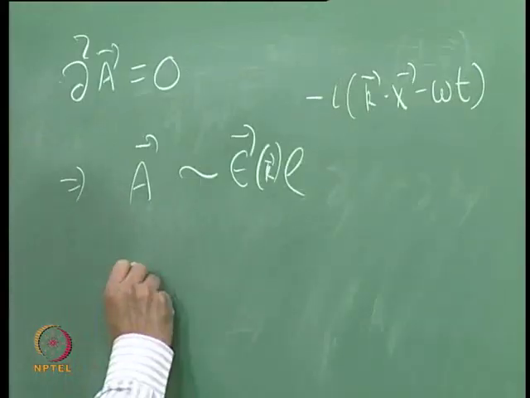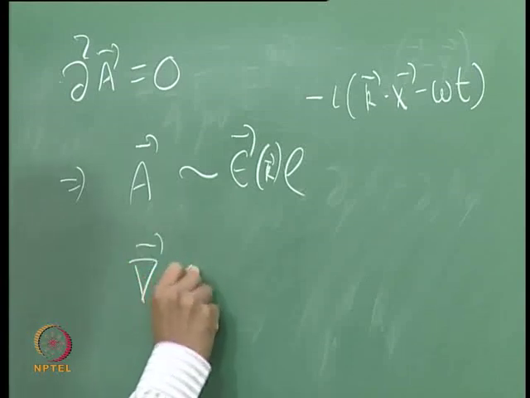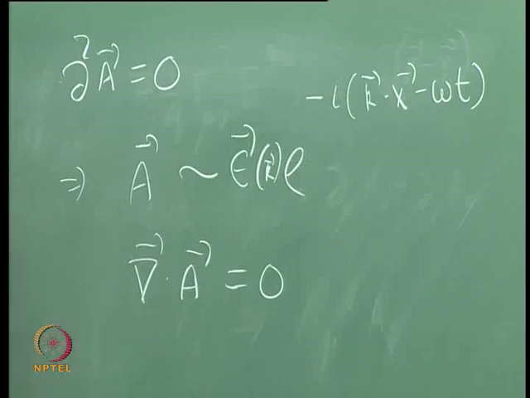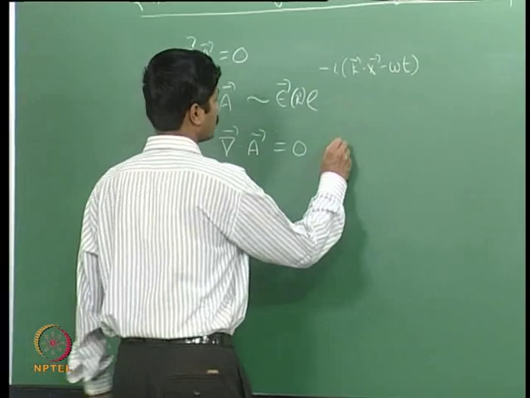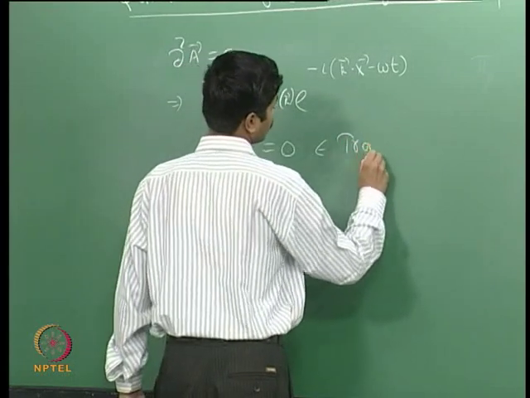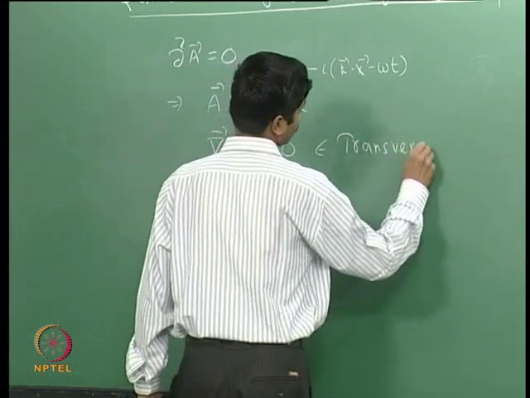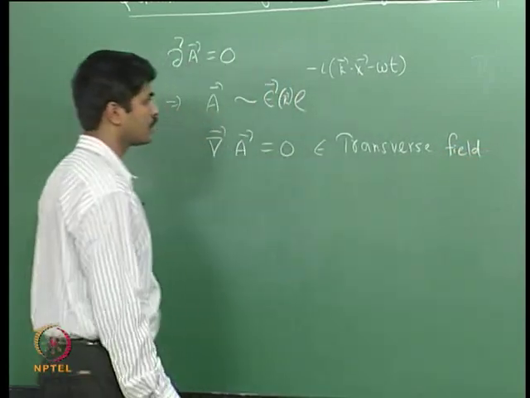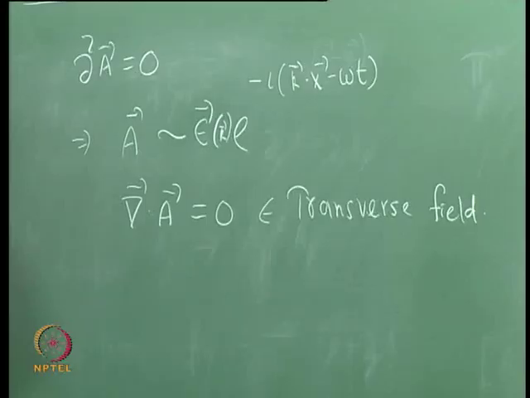The field which satisfies this condition del dot A equal to 0 is known as a transverse field. Okay. Why is it so?